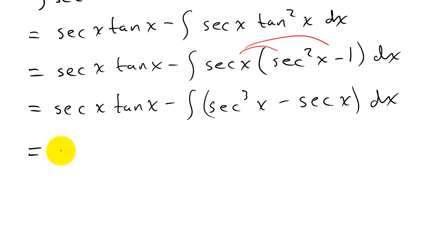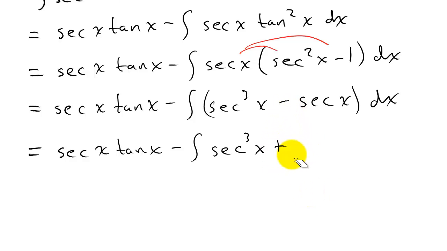So this is going to give me secant x times tangent x minus the integral of secant cubed x dx, I left my dx off here, and then now this minus is distributed, so the minus and the minus, that's plus secant x dx.